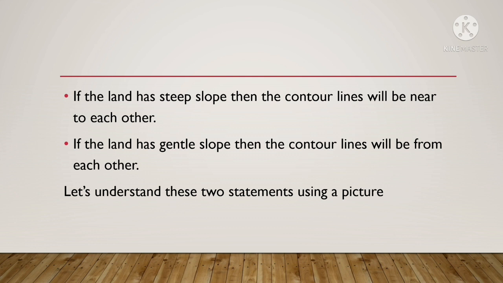If the land has a steep slope, then the contour lines will be near to each other, and if the land has a gentle slope, then the contour lines will be far from each other. Let's understand these two statements using a picture.